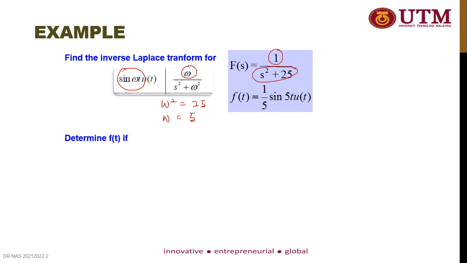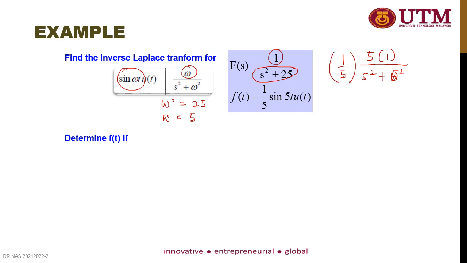So in this case, you need to have 5 times 1 divided by s squared plus omega of 5 squared. But the original equation only has 1, so you need to introduce another factor 1 divided by 5.